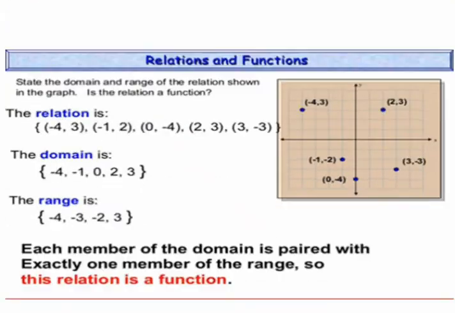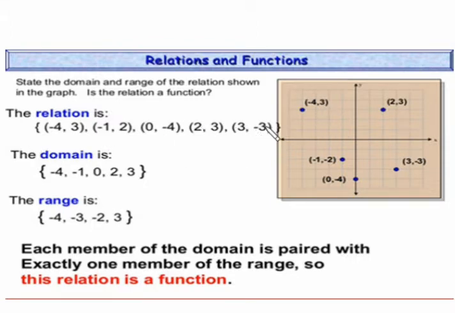Now let us take some graphical examples like that. Here are 5 points: (2,3), (-4,3), (-1,-2), (0,-4) and (3,-3). Students, see here 2 represents the x-axis and 3 represents the y-axis. All these pairs are the same: the first one represents the x-axis and the second one represents the y-axis.